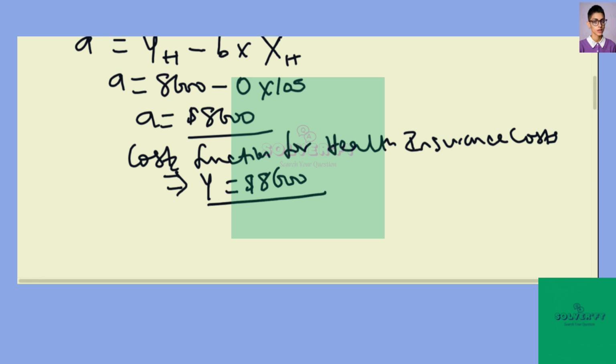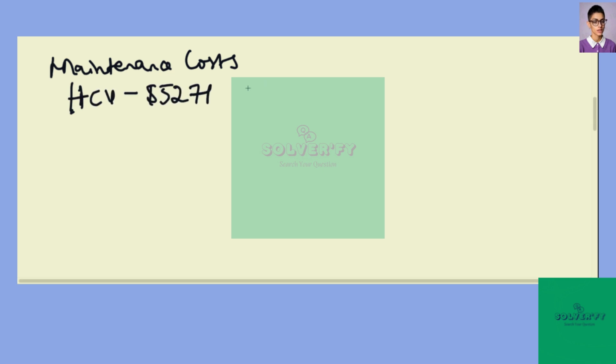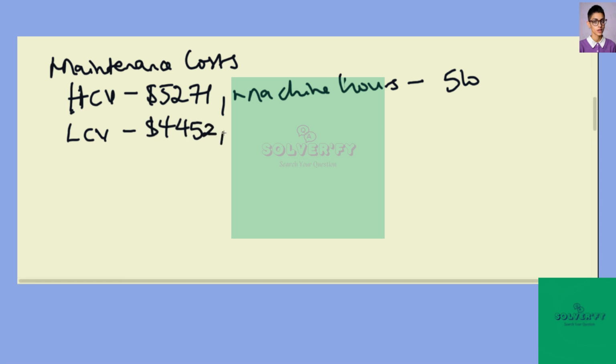So now we're going to calculate the slope coefficient B of the maintenance cost, given the highest cost value of 5,271 and machine hours of 510, and the lowest cost value is 4,452, and the machine hours is 120.